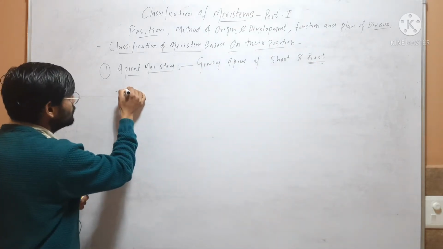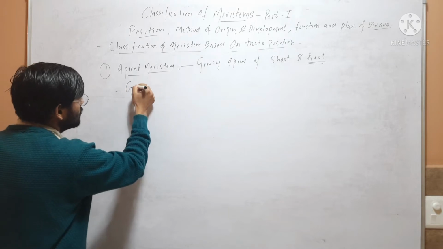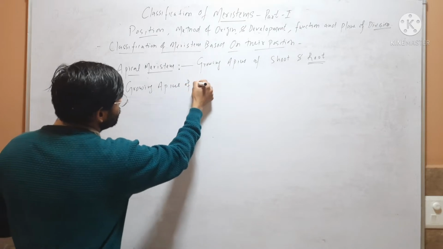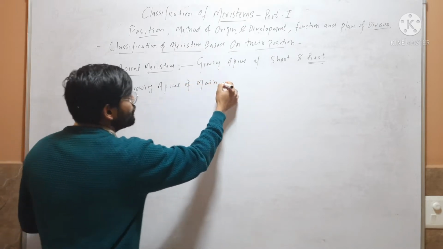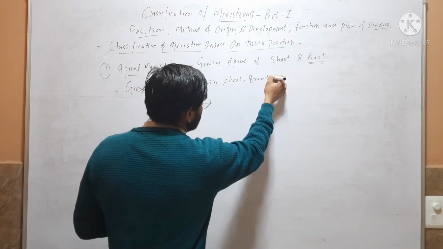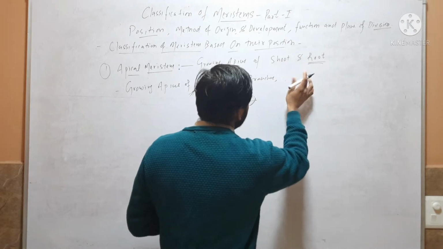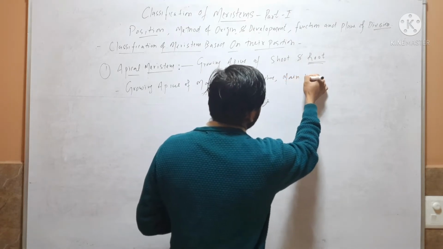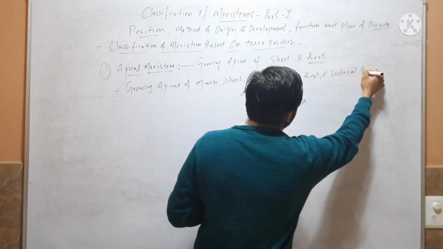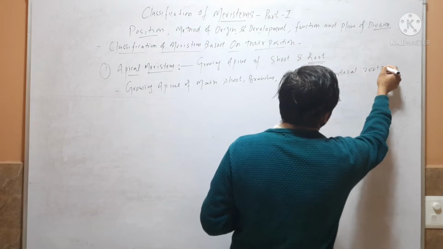So it is present on the growing apices of main shoot, branches, or growing apices of main root and their lateral roots, and growing apices of lateral roots.